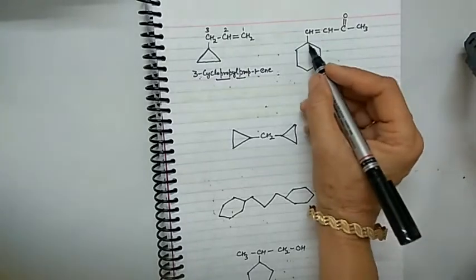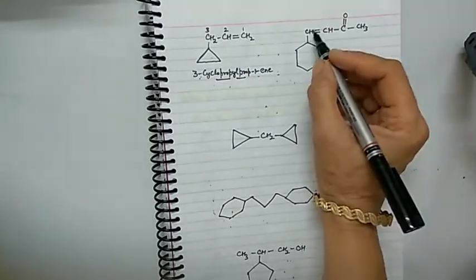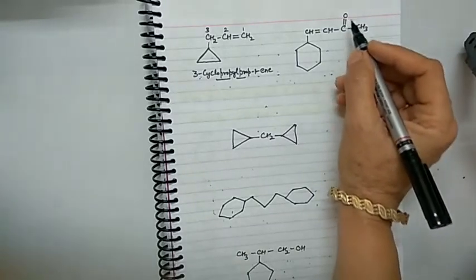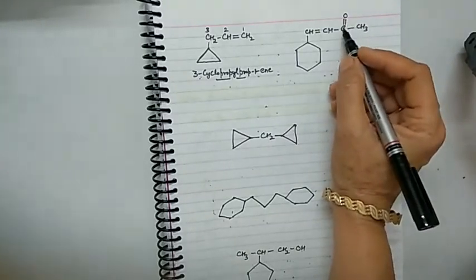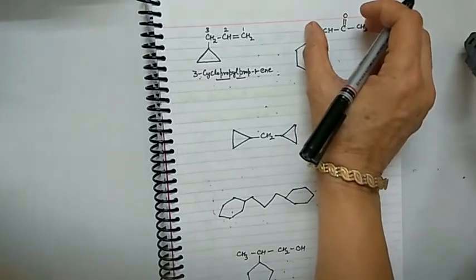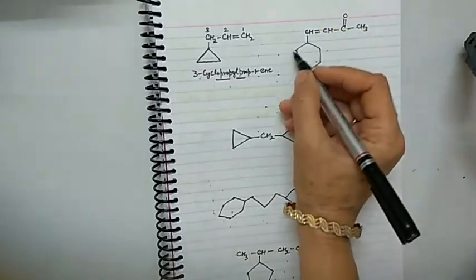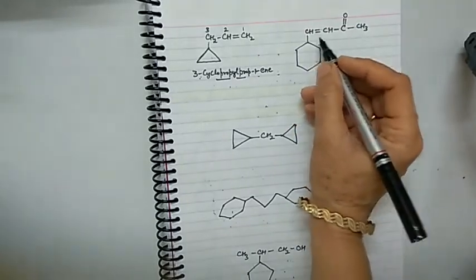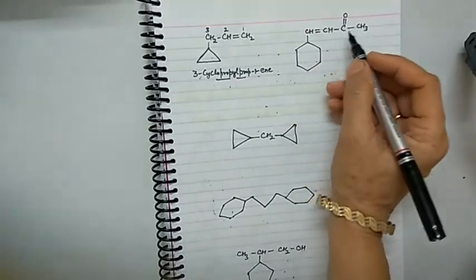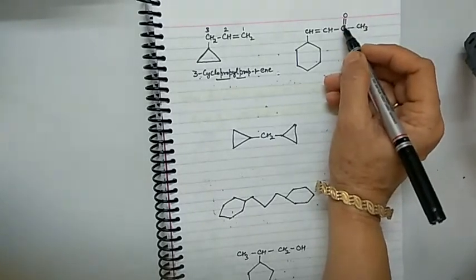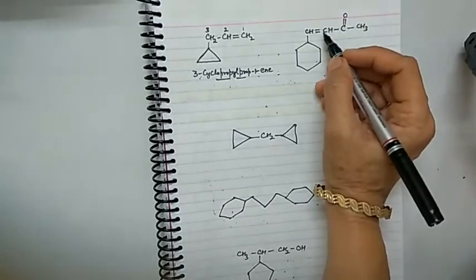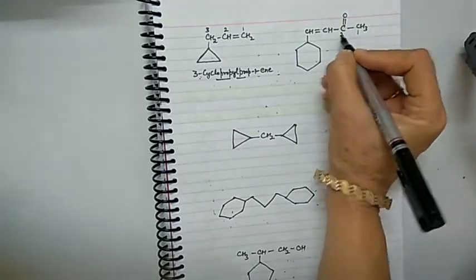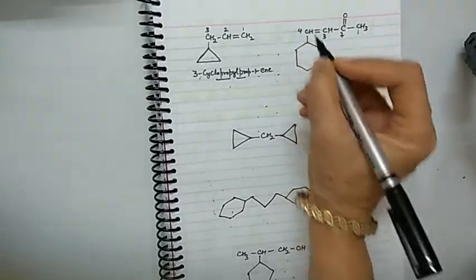Let us come to this. Now in this again the ring contains 6 carbon atoms but the open chain contains 4 carbon atoms. But as the functional group is present in the open chain, this will be given the preference and this cyclohexyl group will be considered as a substituent. And while numbering the chain, we will number from the side such that the functional group C double bond O is given preference over the double bond. So we number the chain from this side 1, 2, 3, 4, right?